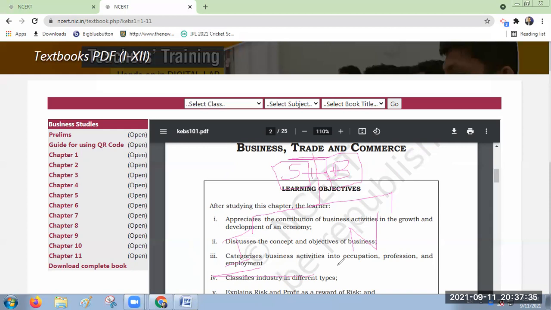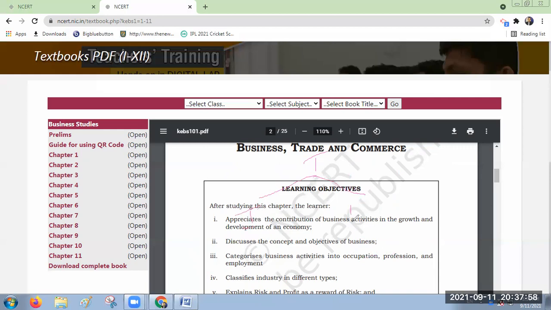National trade involves purchasing and selling between persons of the same country.